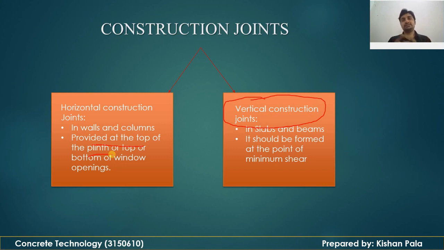The same consideration applies to the vertical construction joint: it should be formed at the point of minimum shear. So these are the two main types of construction joint, classified based on orientation as horizontal and vertical construction joints.